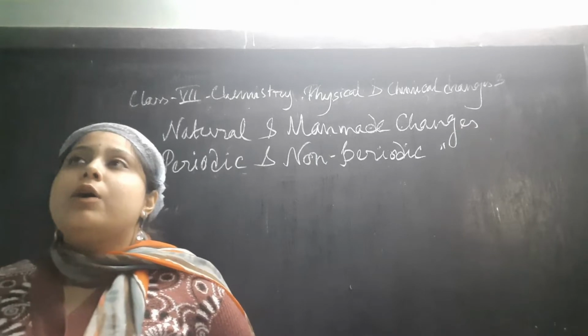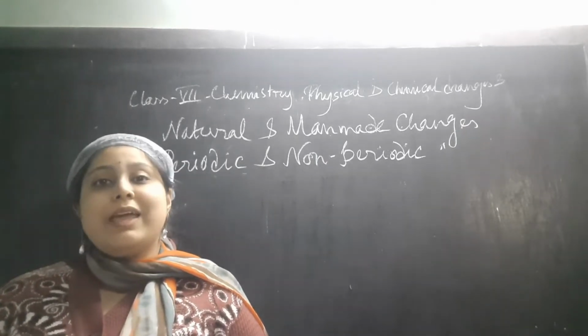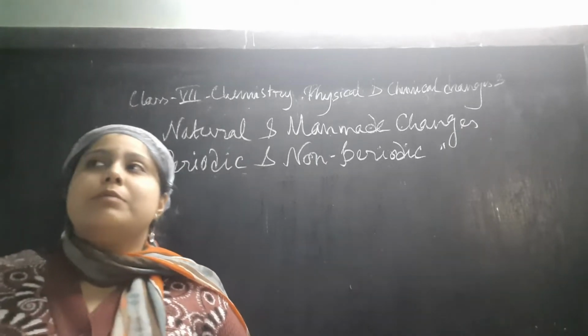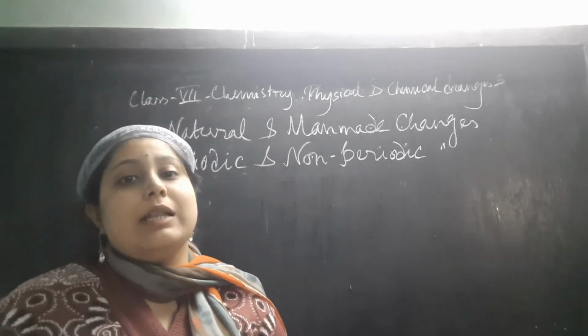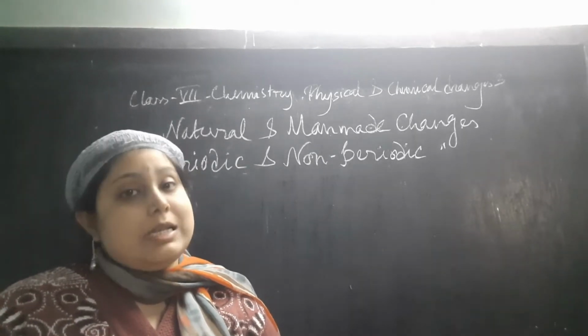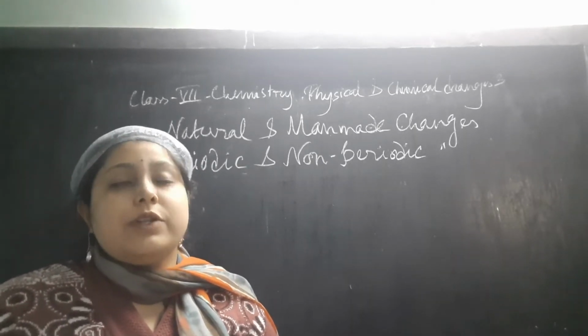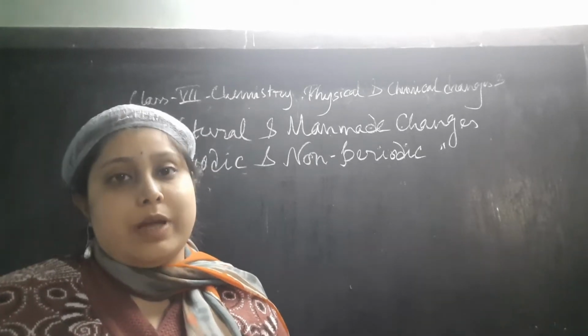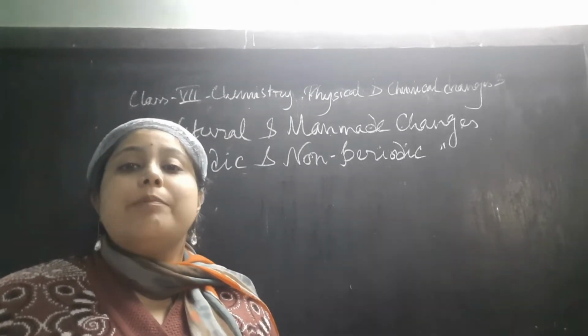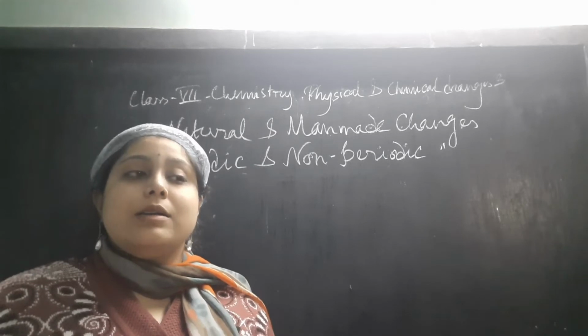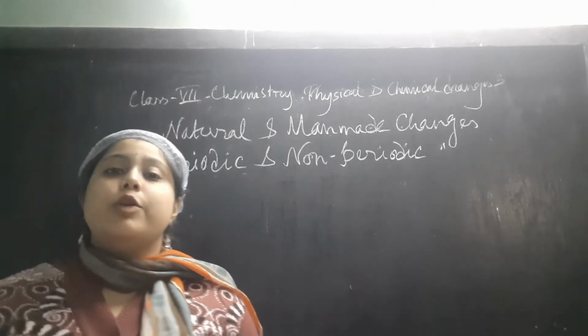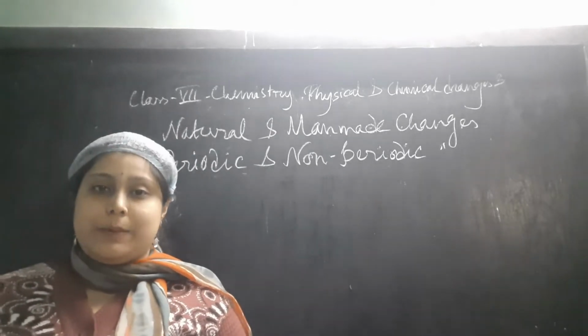You can think about day-night. Every day at a certain time the sun rises from the east and then it goes to the west, then night comes. After 24 hours, at the same time, the sun rises again. So this is a periodic change, because after a fixed period the same phenomenon occurs day by day.